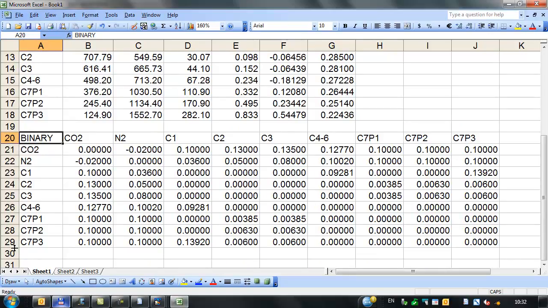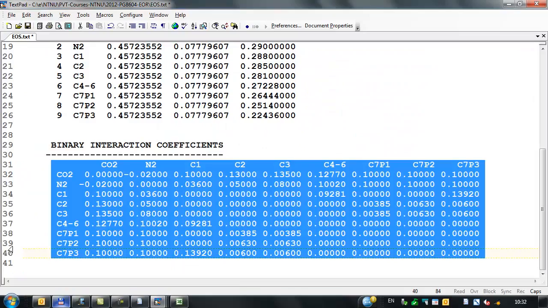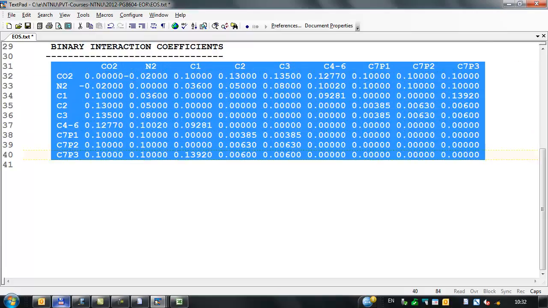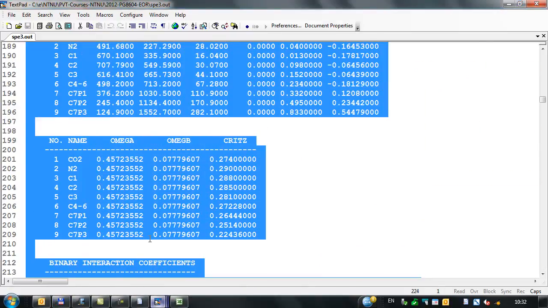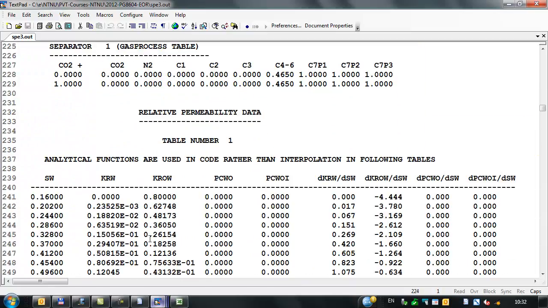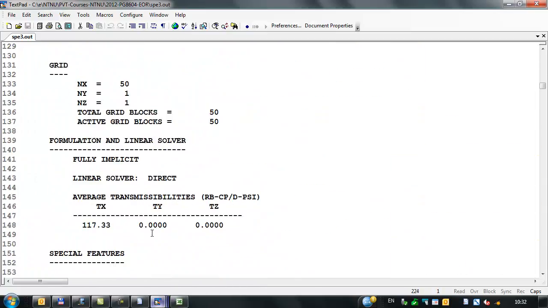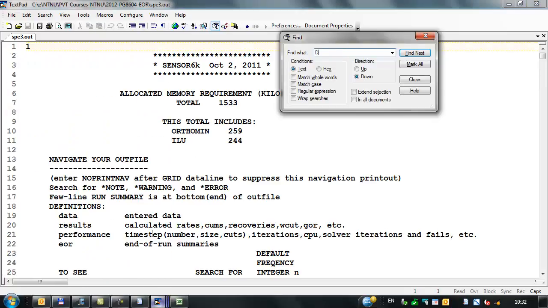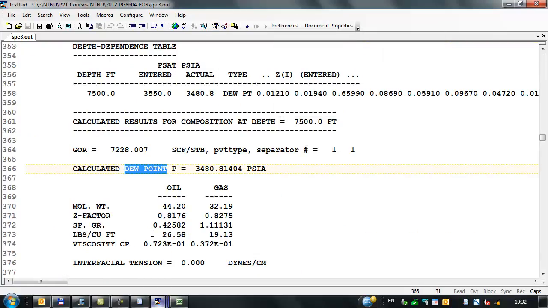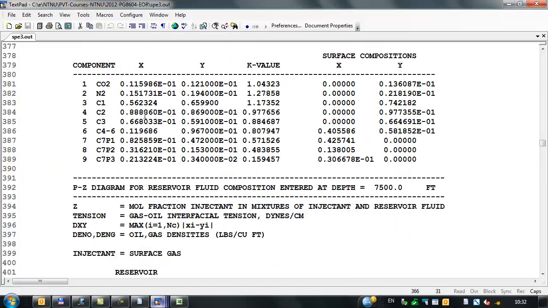Yeah. And then we've got, what else do we need? Some kind of composition. Like here.